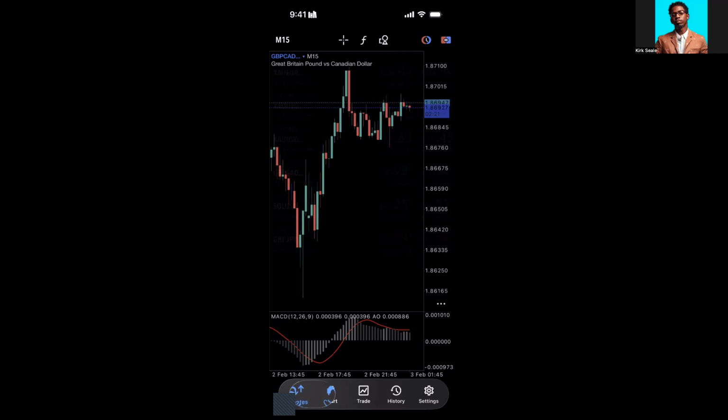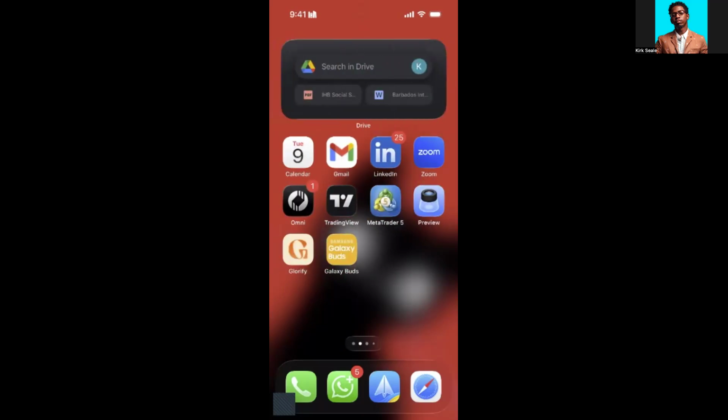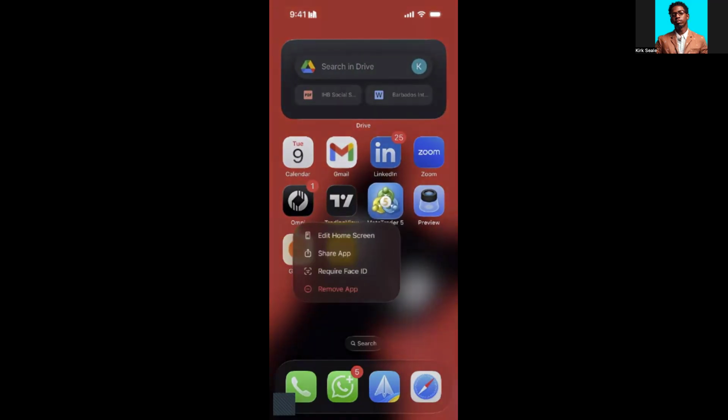All right, so on the top of your screen where you see this little pencil... oh, we're using MetaTrader 5. Let's see, where is that? The app should look like this one here.